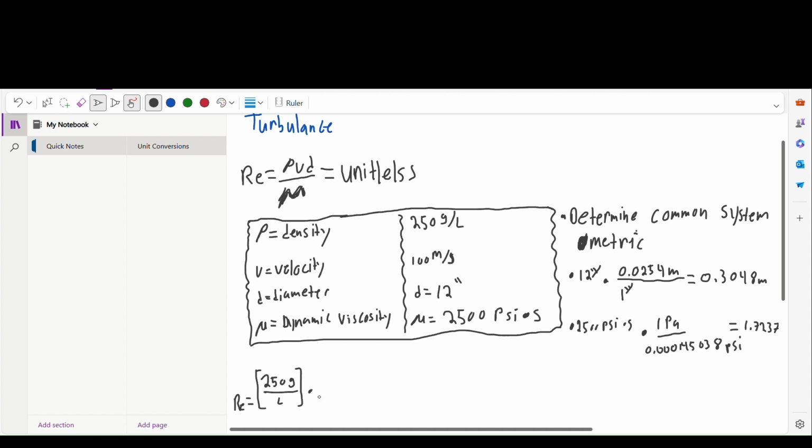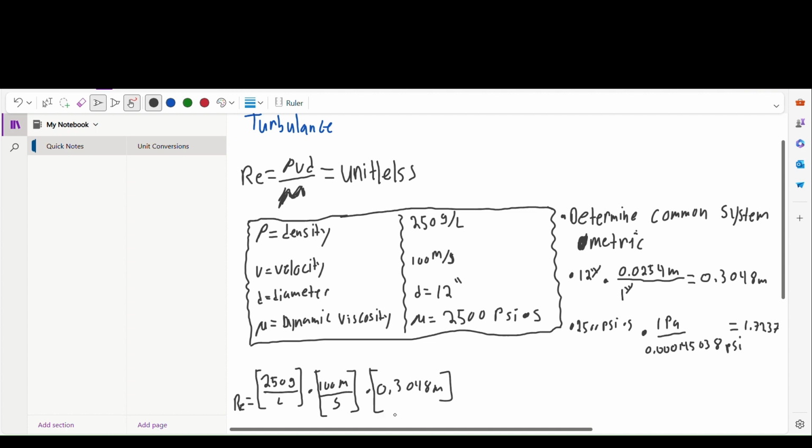You're going to multiply by, like I said, 100 meters per second. Now you are going to multiply this by 0.3048 meters.